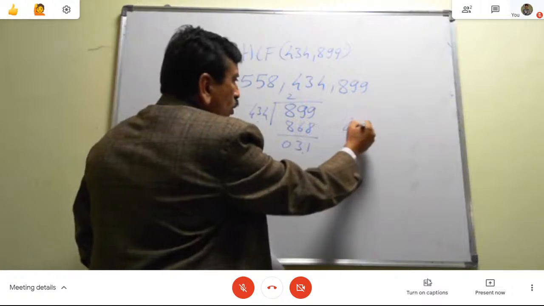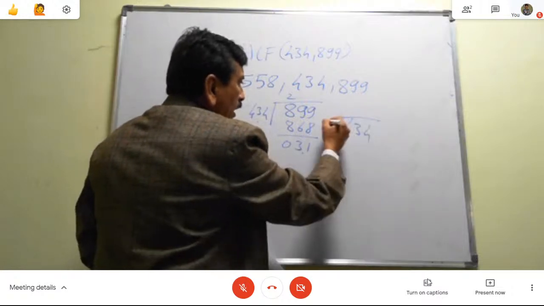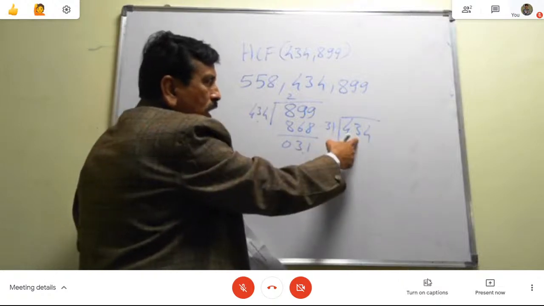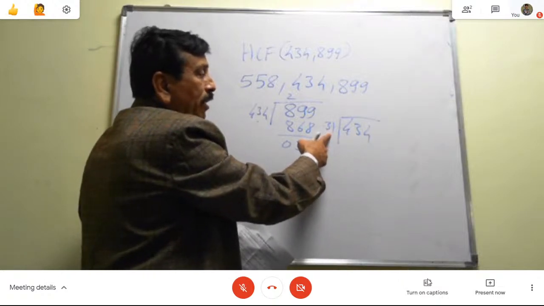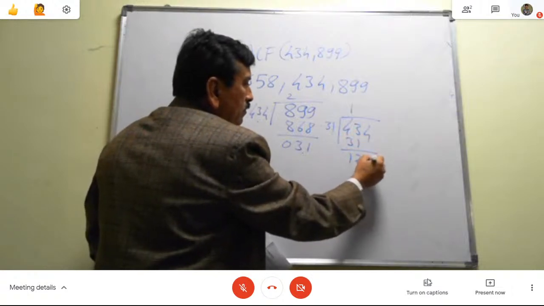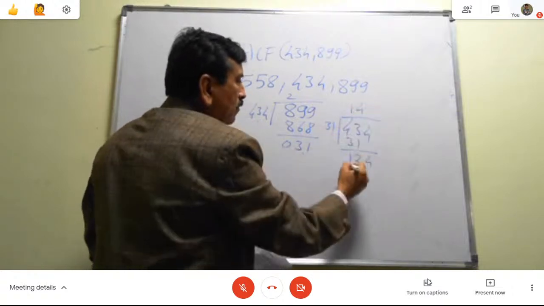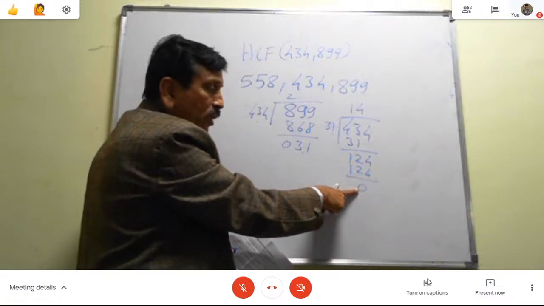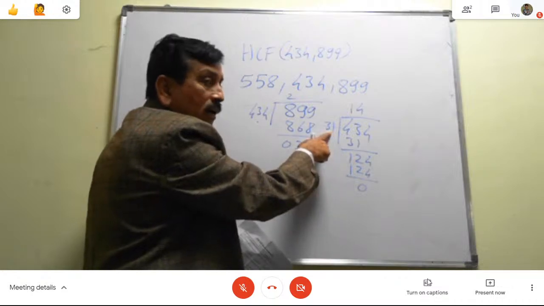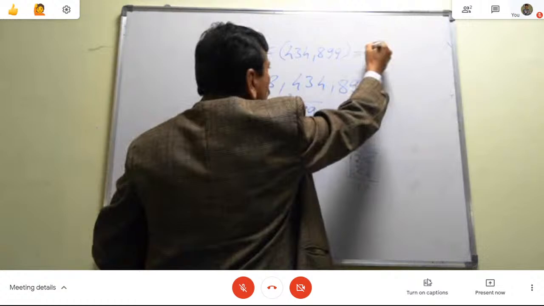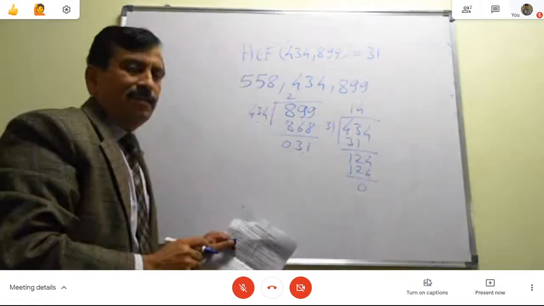So this divisor 434 we divide by the remainder. 434 divided by the remainder, so 1. When we get remainder 0, the divisor is considered as HCF. So the HCF of these two numbers is 31.